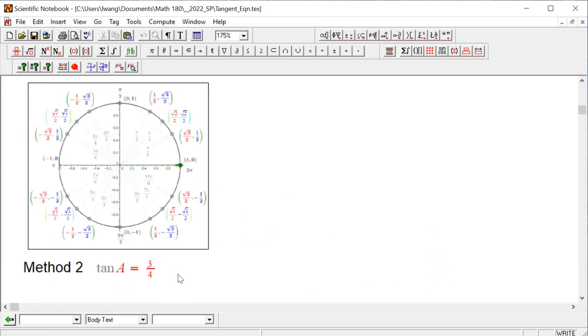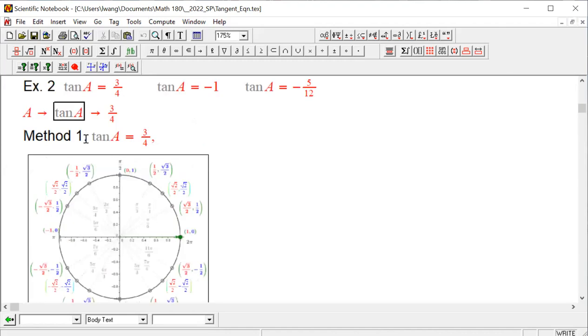Okay, so here we're going to put method 2 and method 1 together. We know that for method 2, for a tangent ratio, there's a place somewhere on the unit circle.